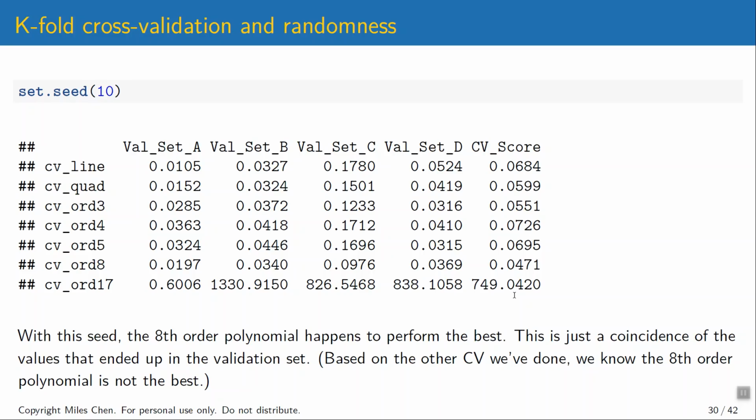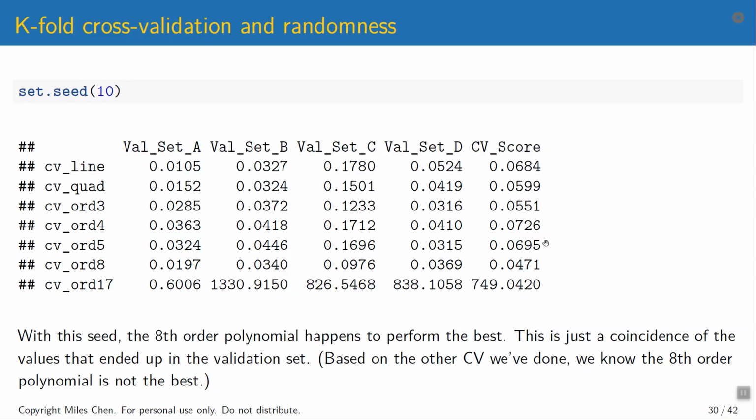Okay, and we know that this result, where the 8th order polynomial is performing the best, is most likely because of just some random fluke of how the validation sets got selected. Because we've done this k-fold cross-validation a couple other times, and we know that the 3rd order polynomial is generally the best, and it's still the 2nd best performer in this set, we can be confident about that.